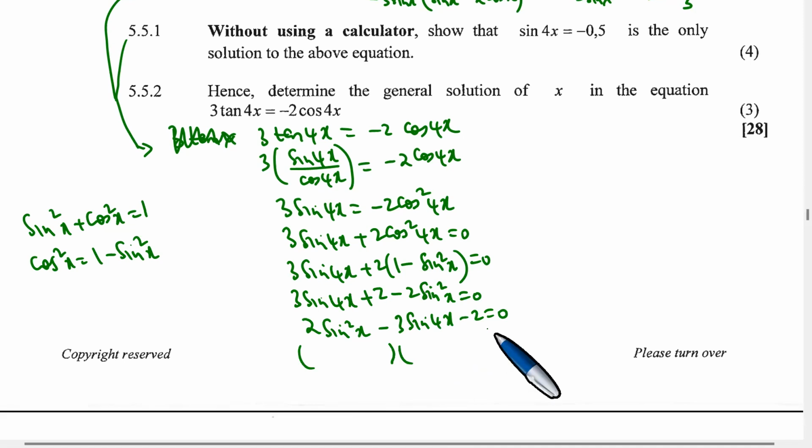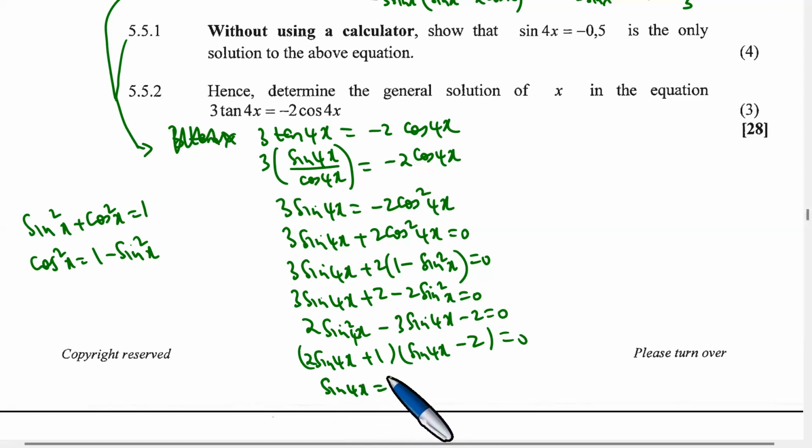So that here you have 2 sine 4x, and this is the sine of 4x, plus 1 minus 2. Which means the sine of 4x is equal to minus 1 over 2.